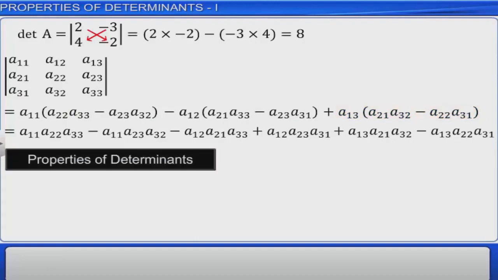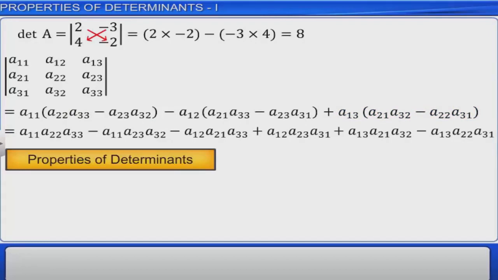However, by using some properties of determinants, we can obtain the maximum number of zeros in a row or a column in a determinant which simplifies the evaluation. Let us learn these properties one by one.